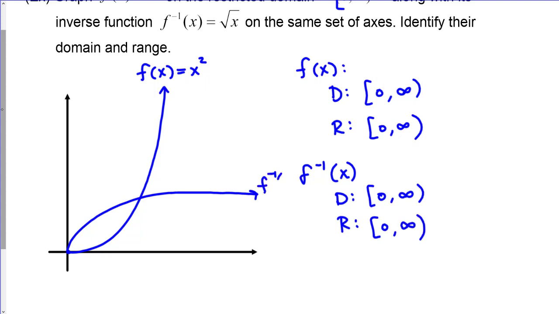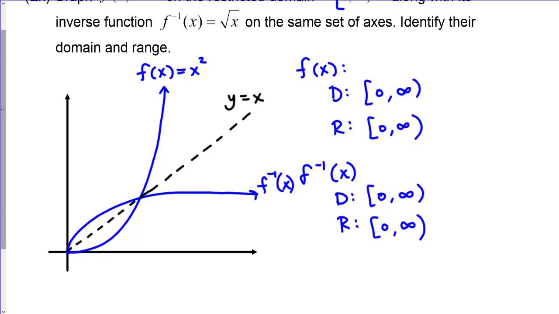I should label this f inverse of x. But if you'll notice, the line y equals x would be right through here, and we are definitely symmetric about that line. That's going to happen with every single set of graphs that are inverses of one another.